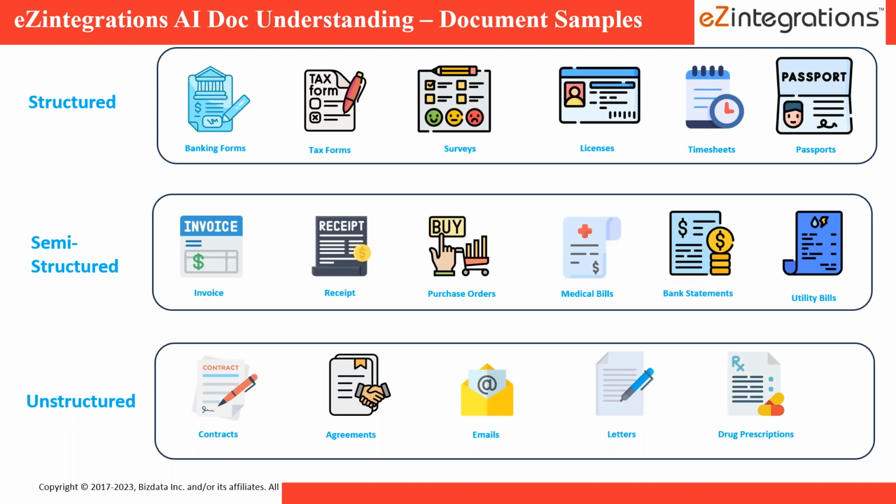It is very dominant in the banking industry that banking forms are the typical way you enter your data or give your KYC PDF files. Based on that, you enter your data.